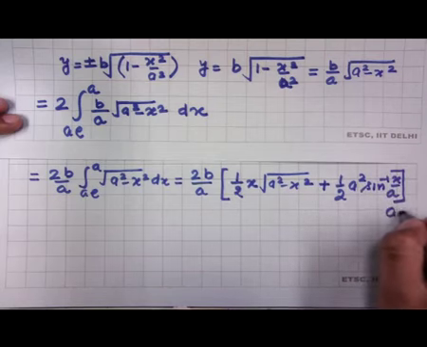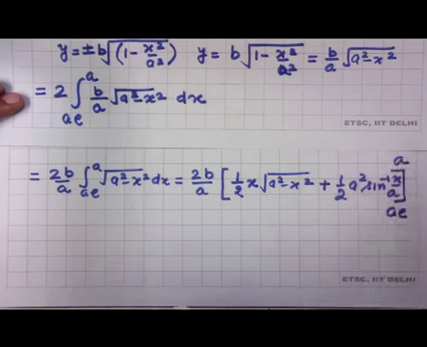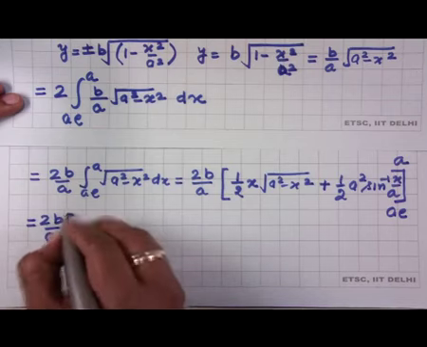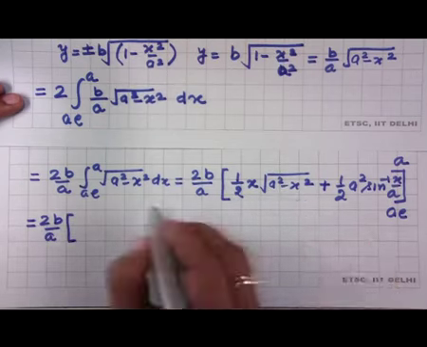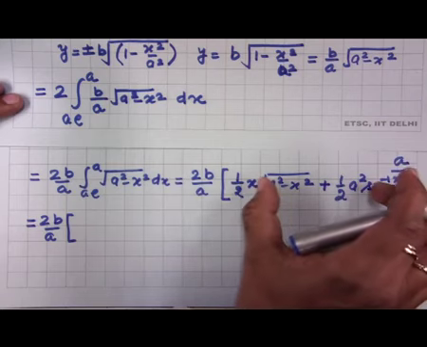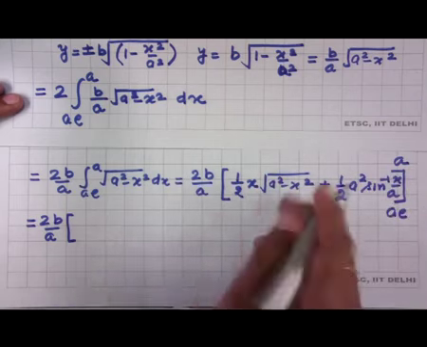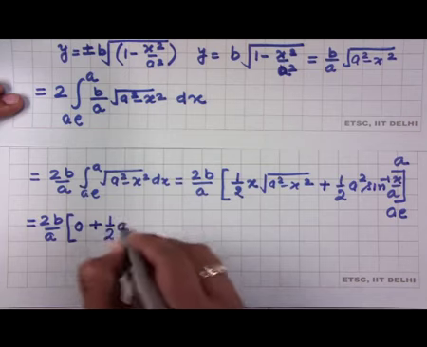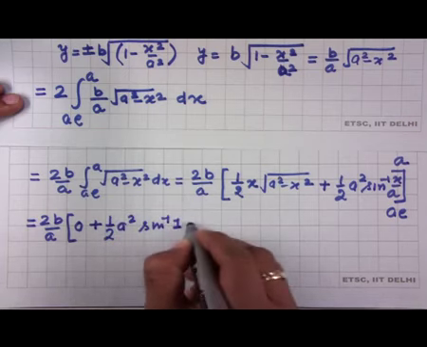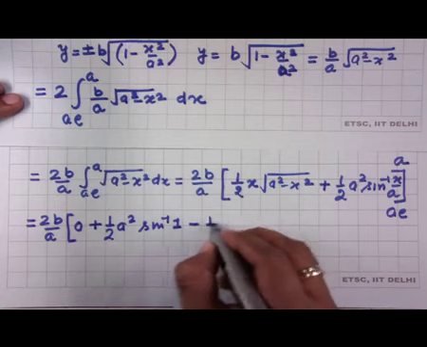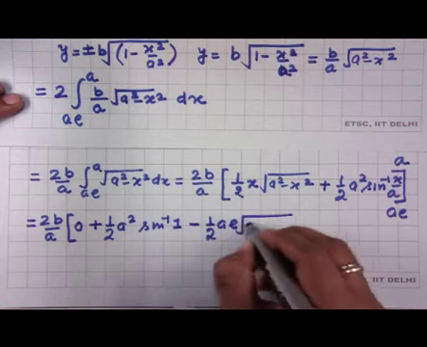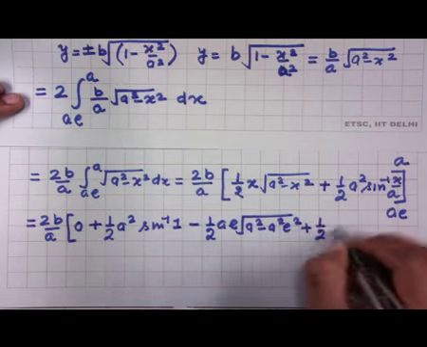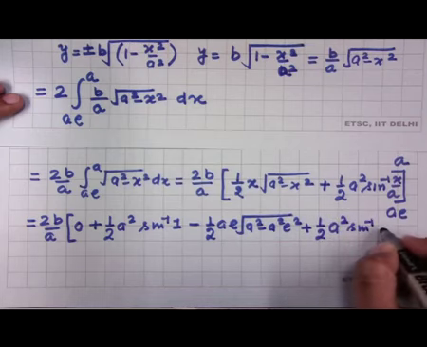The limit goes from AE to a. So, 2b by a, value of this function at a minus value of this function at AE. At a it will be 0, plus 1 by 2 a square sine inverse 1, minus half AE under root a square minus a square e square, plus 1 by 2 a square sine inverse e.